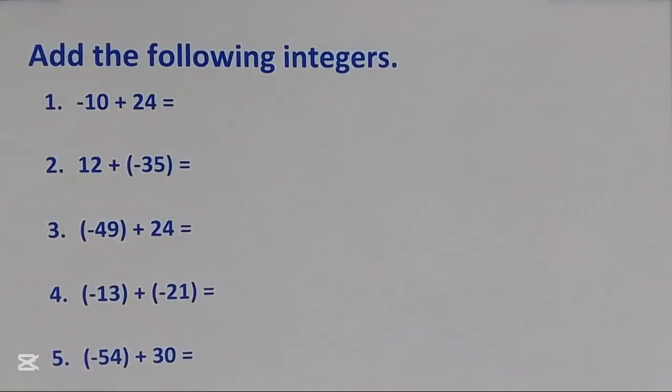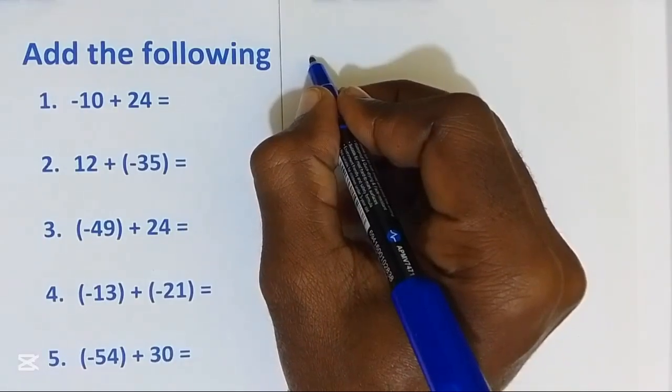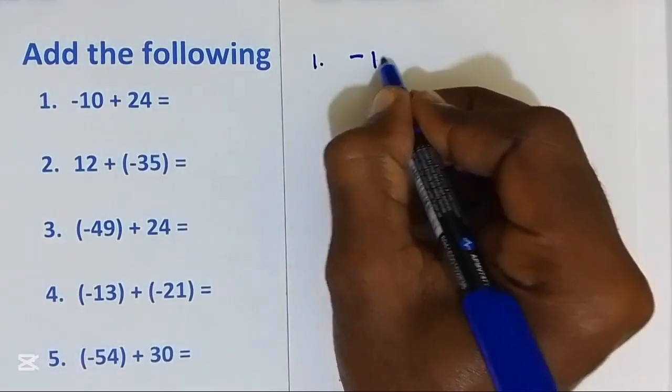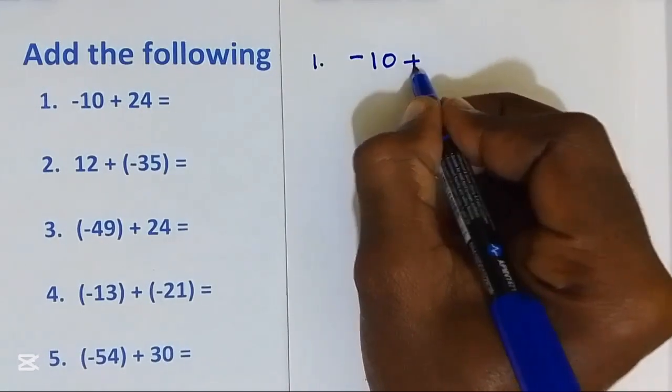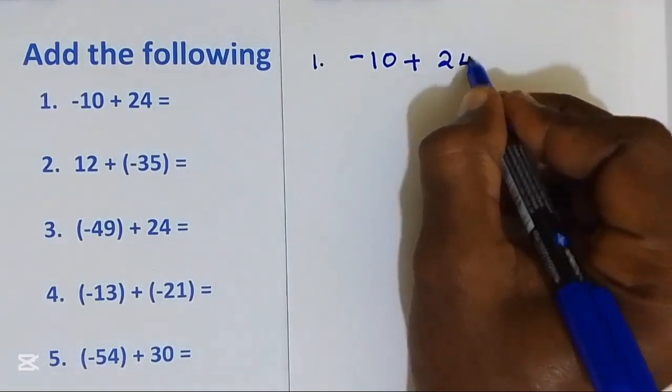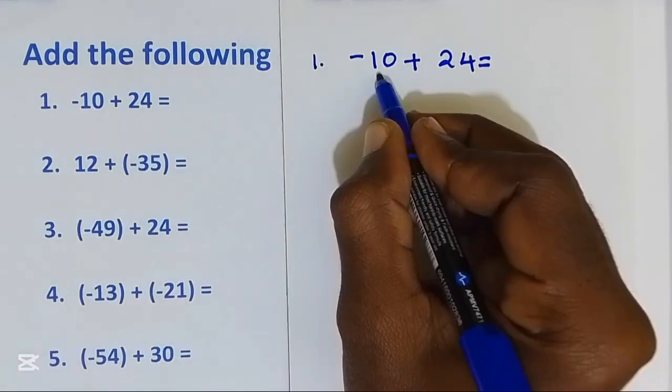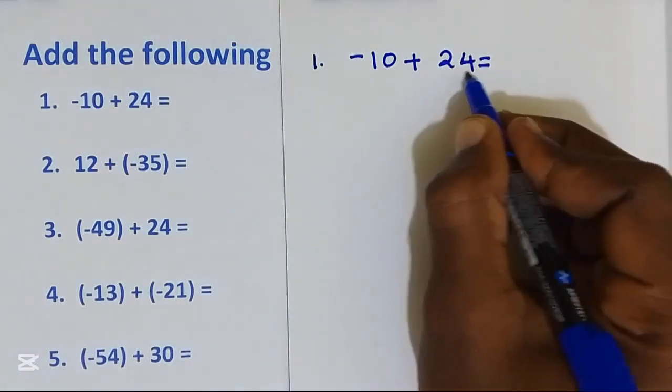Now we understand how to do it. Let us do these questions together. Let us do question number 1. We have minus 10 plus 24. This is equal to, here we have a negative and positive.